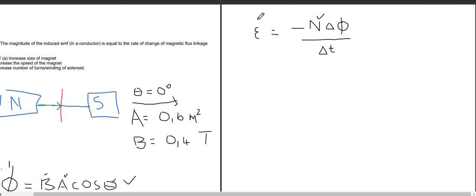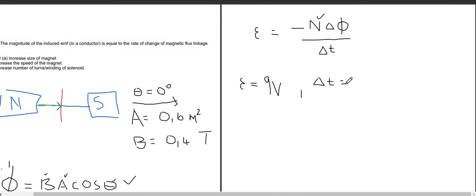You check, am I given the EMF? Yes, I was given the EMF, and it's 9 volts. What else was given to me? I was given the change in time. So the time it took for them to halve the area, right?